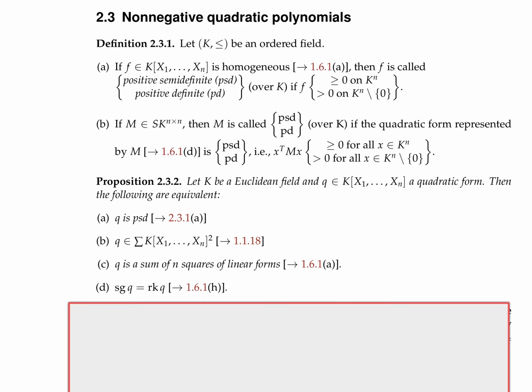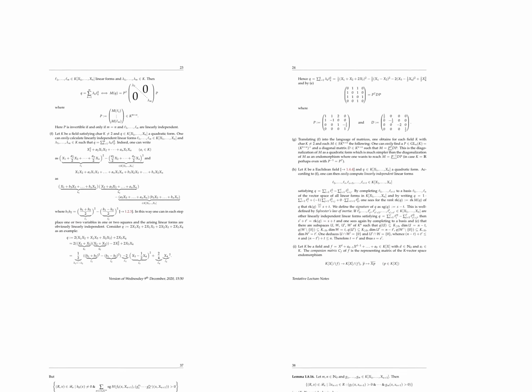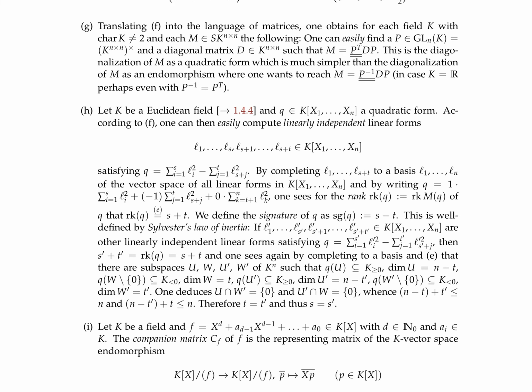And fourth condition, the signature of Q is the rank of Q. The signature and the rank of a quadratic form were defined in 161H, where we had the following definition, where K was also Euclidean. We have shown that you can always write the quadratic form as a sum of squares of linear forms minus a sum of squares of linear forms, in such a way that these linear forms are all linearly independent, right?